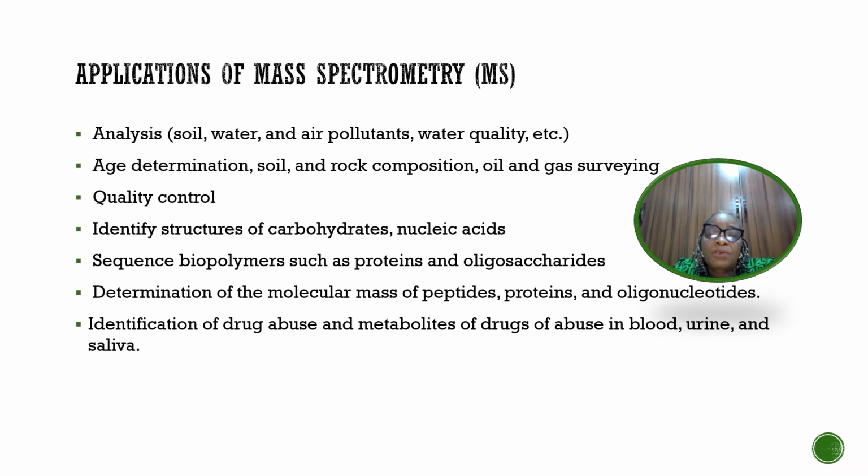What are the applications of mass spectrometry? Mass spectrometry is used for environmental monitoring and analysis. Soil, water, and air pollutants can be analyzed using mass spectrometry.